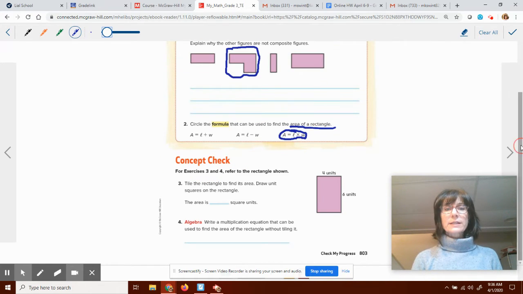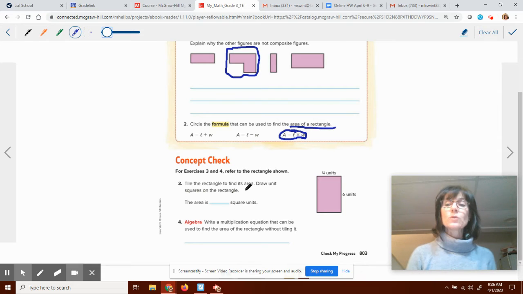Down below under our concept check, it says for exercises 3 and 4, refer to the rectangles shown. Here's my rectangle, and I can tell by looking at it, I have 4 units by 6 units in length. It says tile the rectangle to find its area. Draw unit squares on the rectangle.